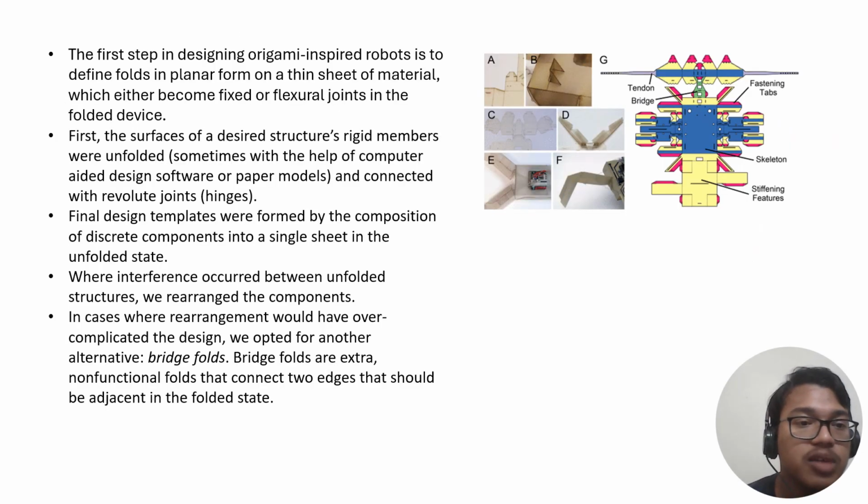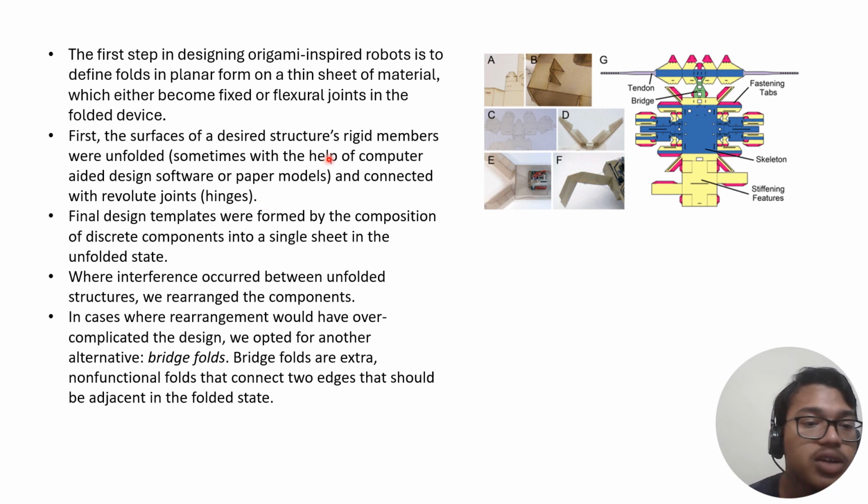The first step in designing an origami-inspired robot is to define the folds in planar form on a thin sheet of material, which become either fixed or flexural joints in the folded device. First, the surfaces of the desired structure, the rigid members, are unfolded, sometimes with the help of a computer, or using basic paper models, and connected with revolute joints or hinges.